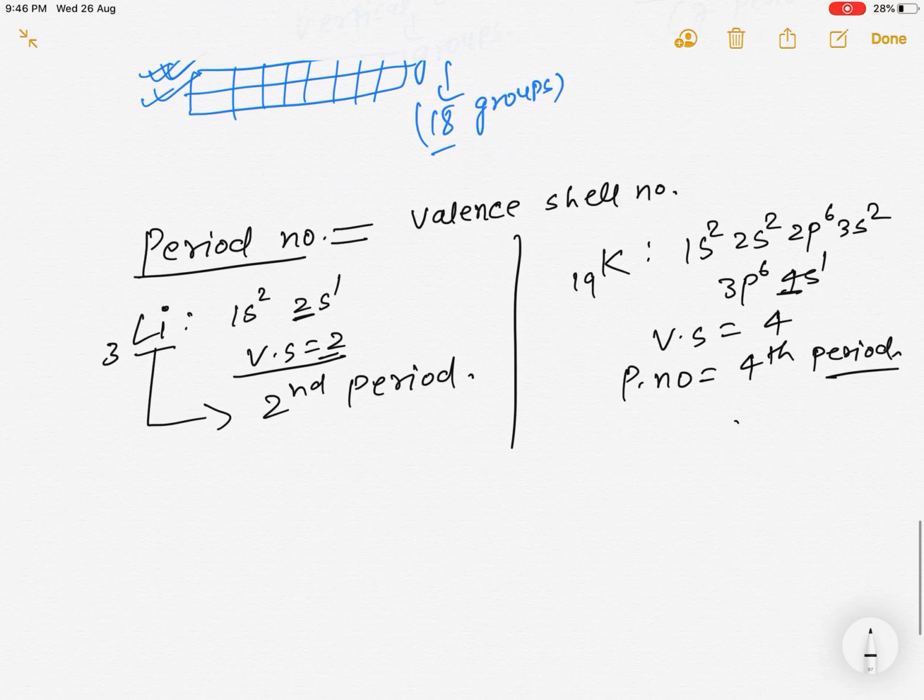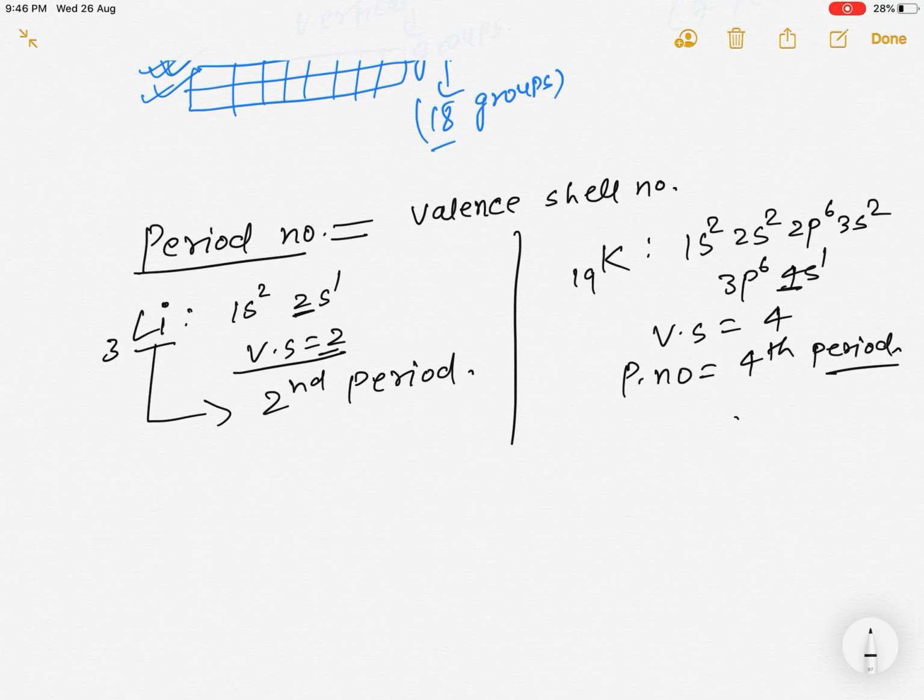But before that, let's draw some conclusions about the periodic table over here. You see that period number equals valence shell number. Does valence shell number give us the idea about how many total shells are there in the atom? Yes, it definitely does. How? For example, lithium has the second shell as the valence shell.